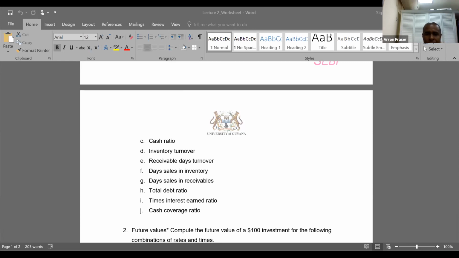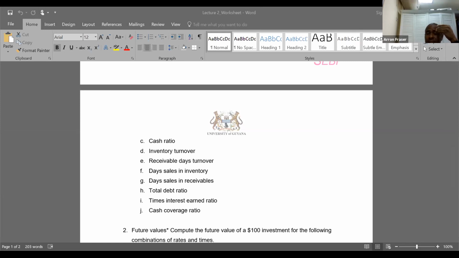Then we're asked at, sorry, at G, days sales in receivables or receivable days, which is the number of days in a year divided by the receivables turnover. We've already calculated the receivables turnover at 19.6 times.